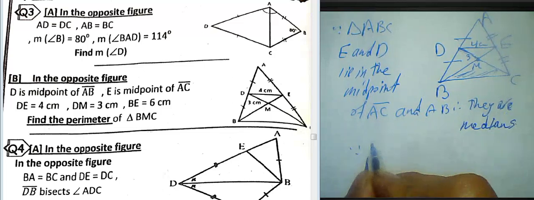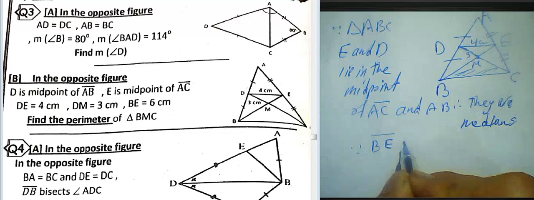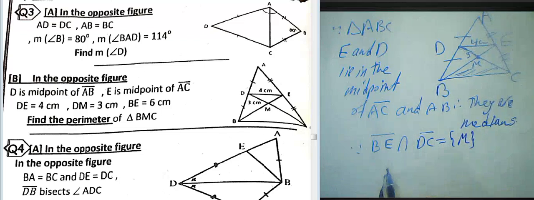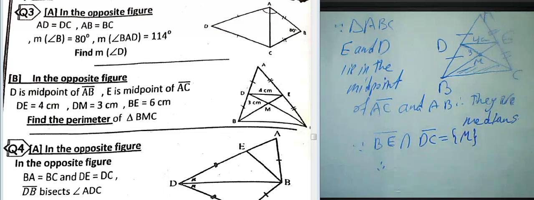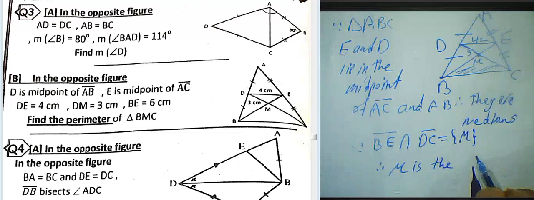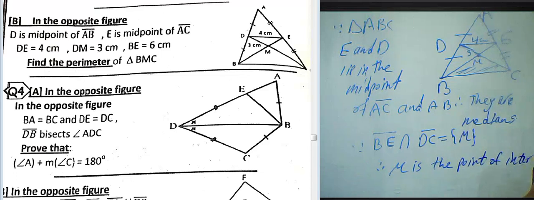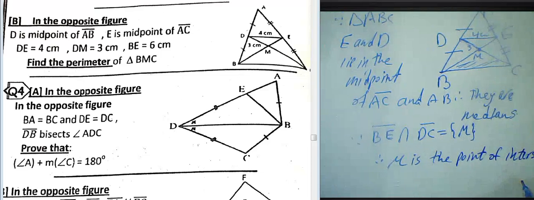And then BE intersection DC equals M. Then M is the point of intersection of the medians.